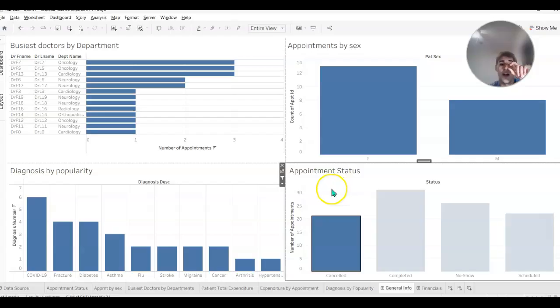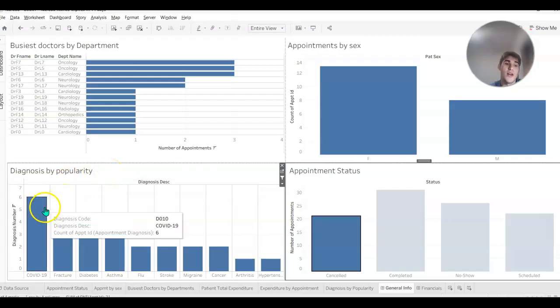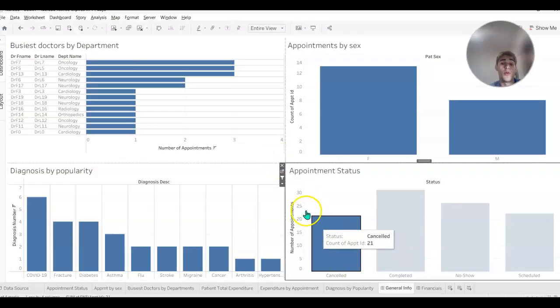So when you look at all the canceled appointments, most of them are related to COVID-19. And that raises the question, why is it that COVID-19 appointments are canceled the most? That's one question that stakeholders can ask themselves to make the hospital run better. Most of those canceled appointments are coming from oncology, cardiology, neurology.